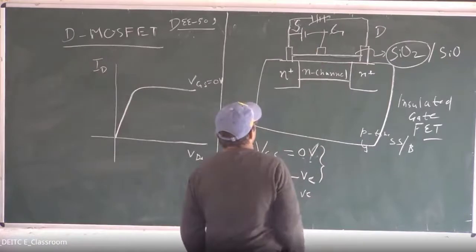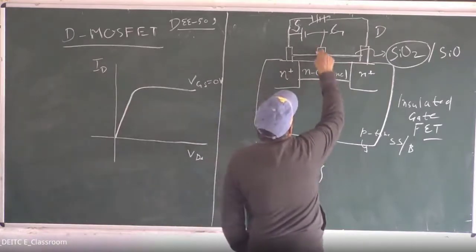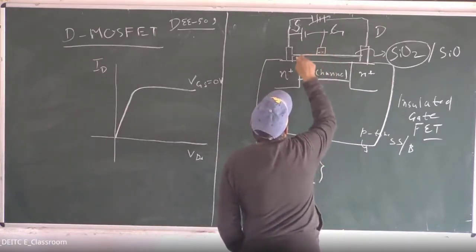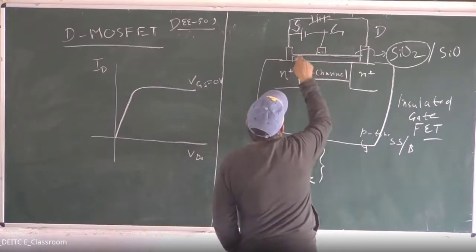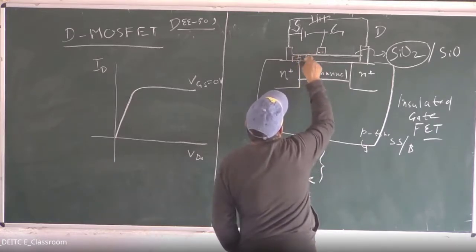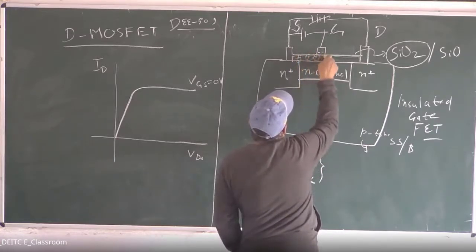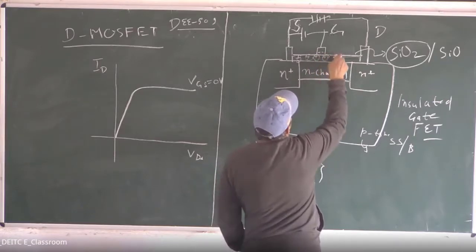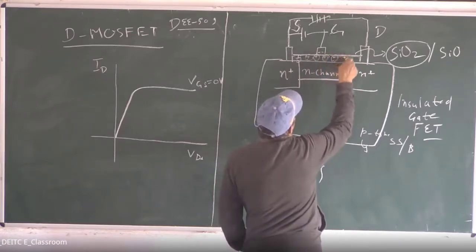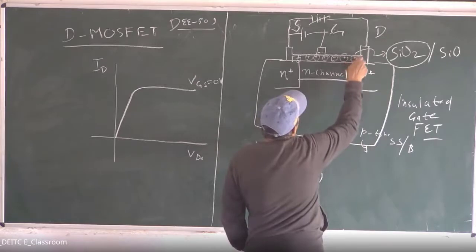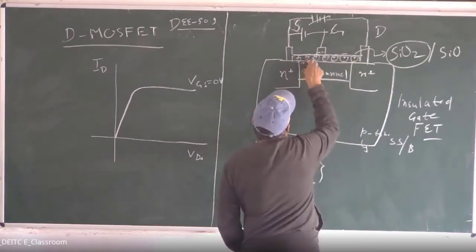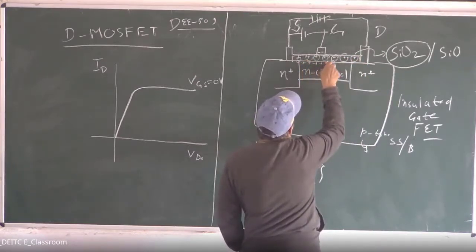Now what will happen? Here we have applied some negative voltage, and the polarization in the dielectric will take place. We have discussed all this mechanism in the previous lecture, this polarization, and then there is an induction of positive charges.